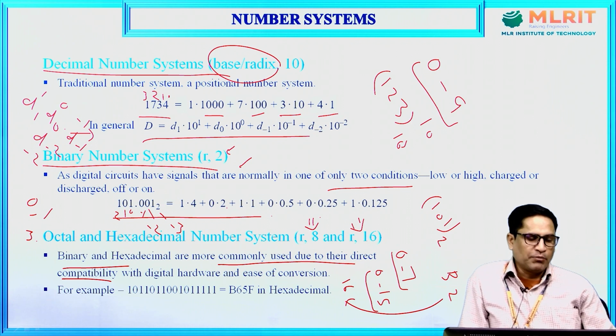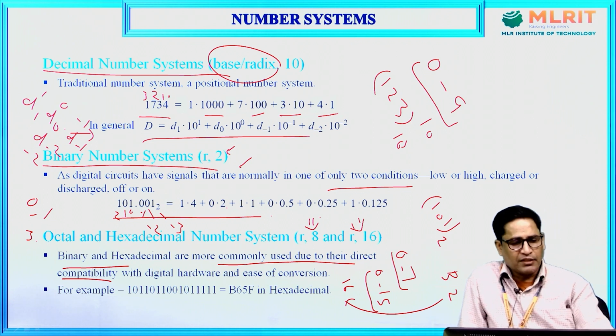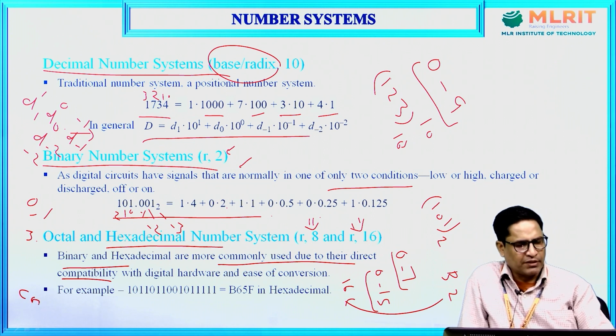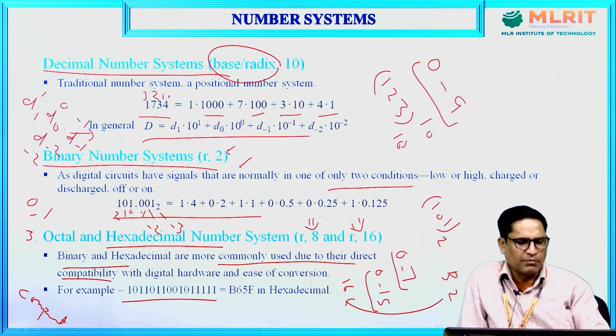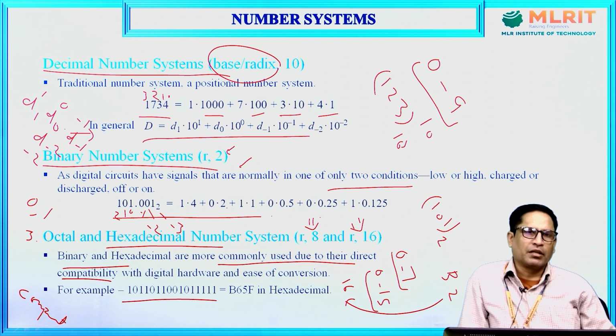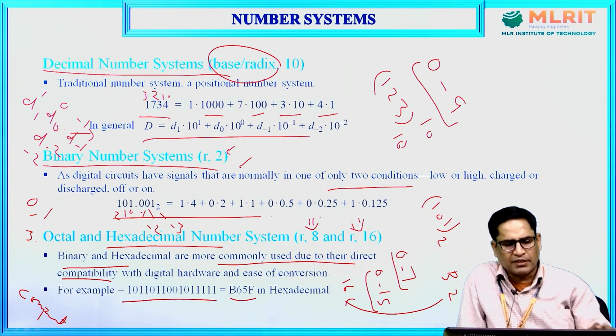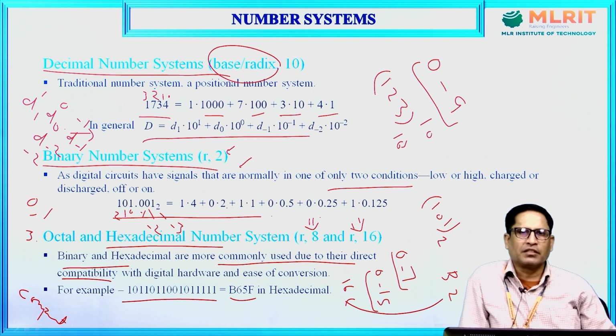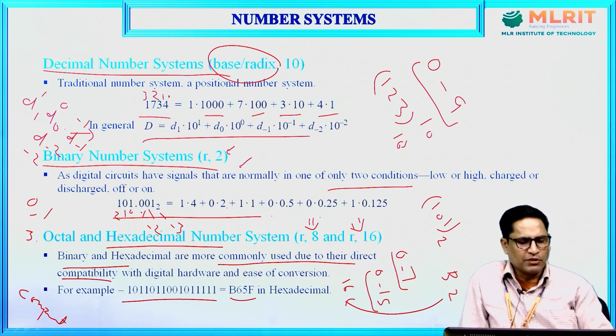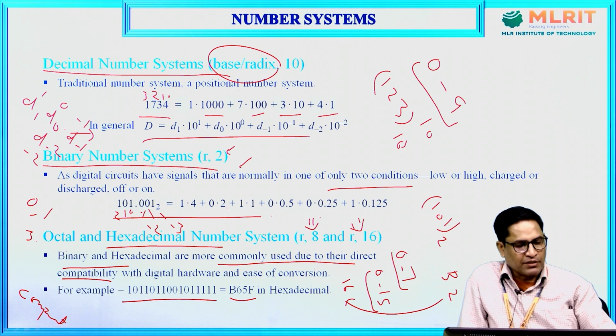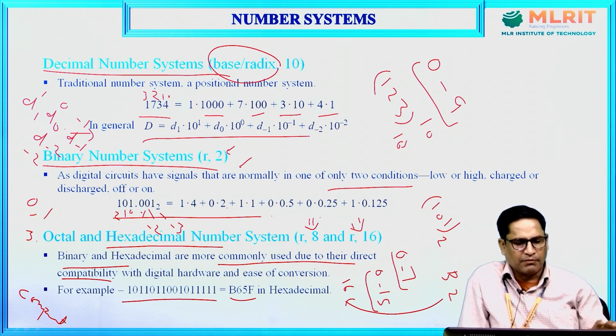One more thing, hexadecimal numbers offer a very compact representation. Look at this number. This is a 16-bit number written in binary, and look at the hexadecimal representation, how it has been represented. We will discuss it later in the slides, but please note how compactly the hexadecimal number system is able to represent the binary number.